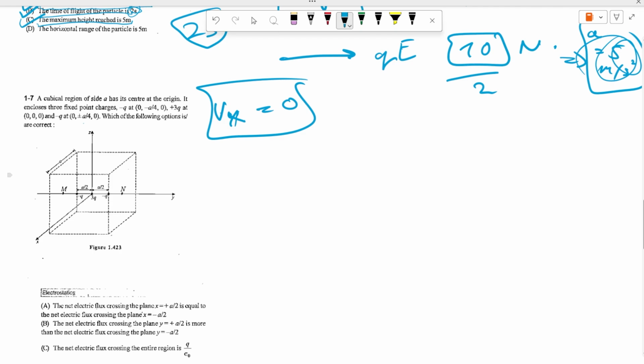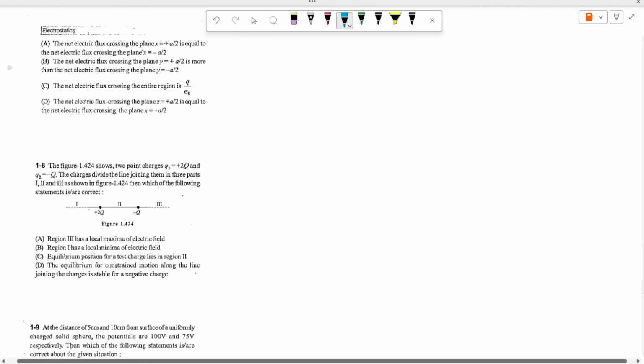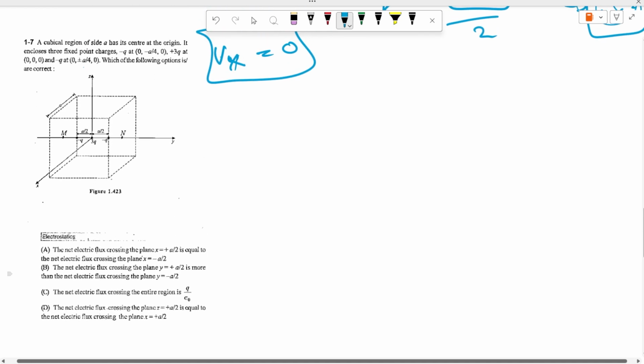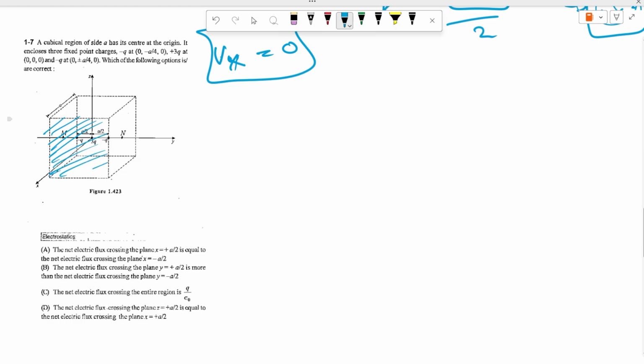And then there's 3q at the center. Which of the following options is or are correct? The net flux crossing the plane at x equals... okay, so this is the net flux we are talking about.